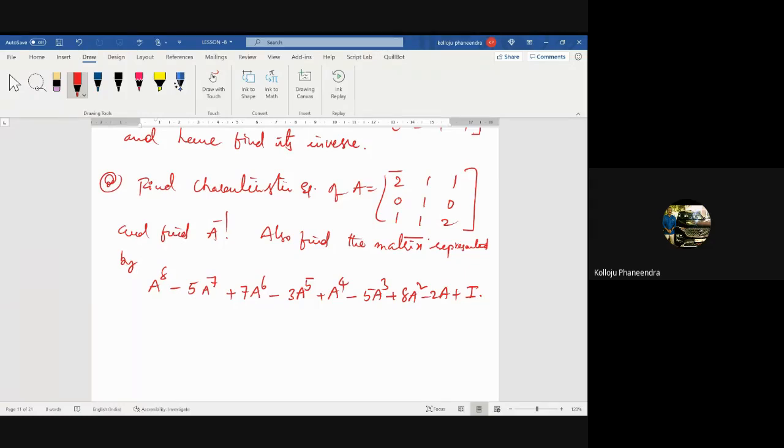Next one, quadratic forms. Hardly 3 classes, 3 hours, and the first unit will be complete. Any doubts? Yes, any doubts? Properties of eigenvalues finished.